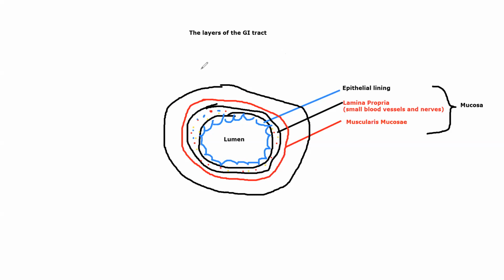So this is called the submucosa. And here in the submucosa, we have large vessels and nerves. We also have the submucosal plexus.